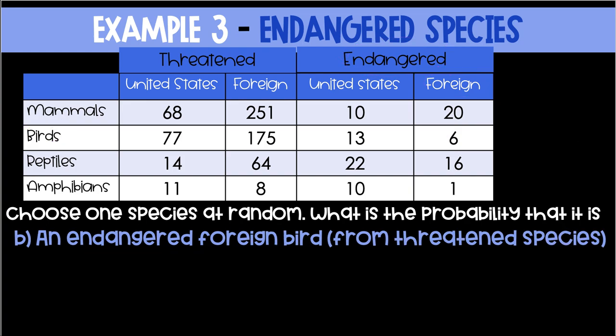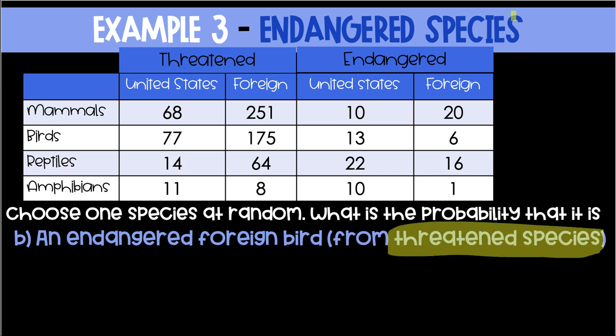If we choose one species at random, what's the probability that this species is an endangered foreign bird, but only from the threatened species? This time, what we can get is any of the threatened species. These are our threatened species, which were 668, right?